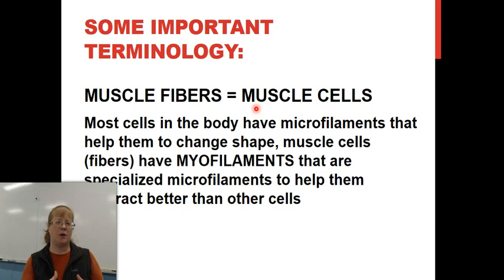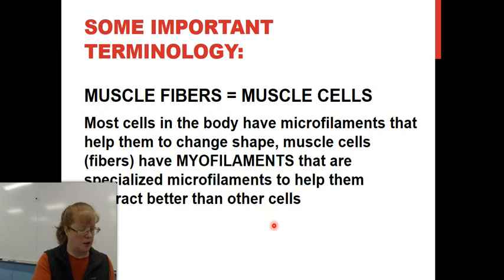So it's important that we understand where we are: are we looking at a whole cell, or are we looking at proteins inside the cell? Myofilaments are referring to the proteins within the primary contractile unit of the skeletal muscle cells, which is called the sarcomere. We'll talk about that a little bit more in a bit here.